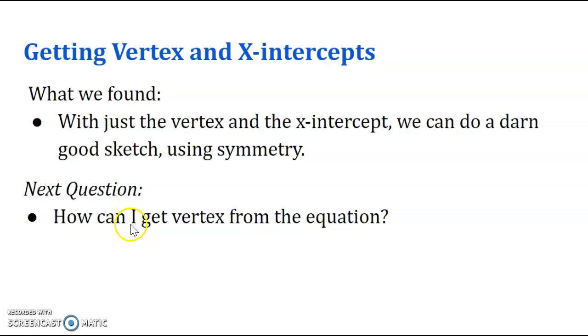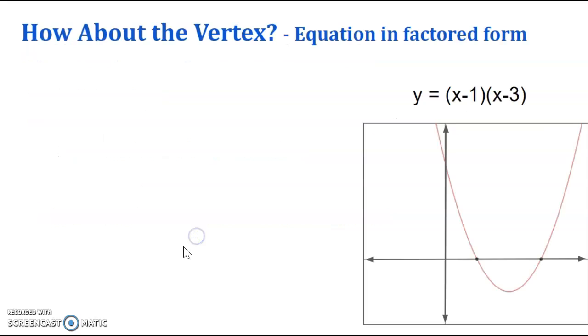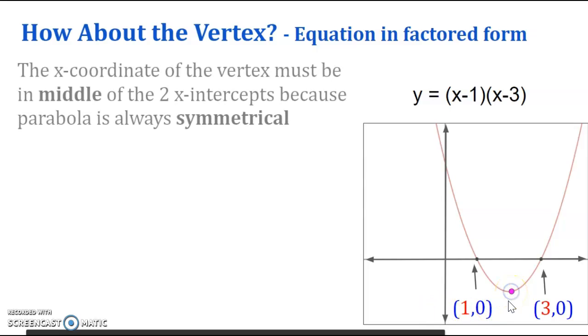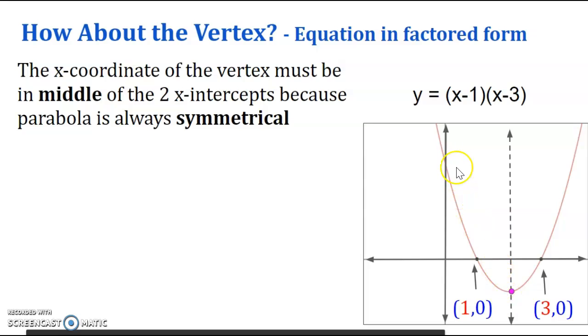So that comes to a question of how do we get the vertex from the equation easily? Well, what do we know about the vertex? If you've identified the x-intercepts as (1, 0) and (3, 0), we know that the vertex is the lowest point, and it also goes through the line of symmetry.